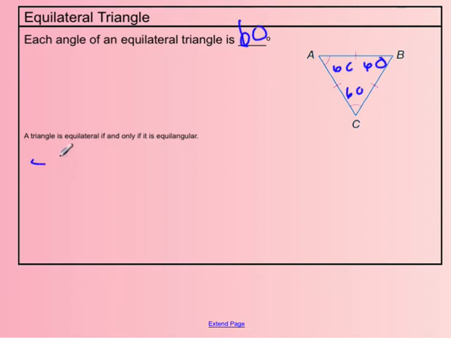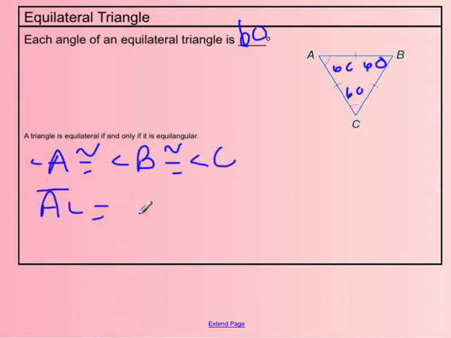That means angle A is congruent to angle B, which is congruent to angle C. If that's true, then we also know that line segment AC is congruent to line segment BC, which is congruent to line segment AB. Those are all properties of an equilateral triangle.